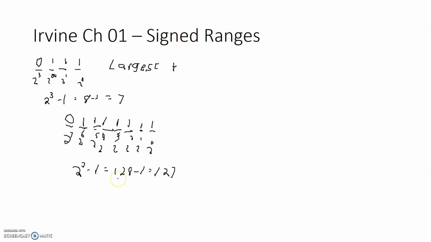So in terms of the largest positive that we can have with signed 8-bit numbers, 127 is the largest. I'm not going to do justice to the other side, meaning the smallest negative. But first, let's take a look at 4 bits.